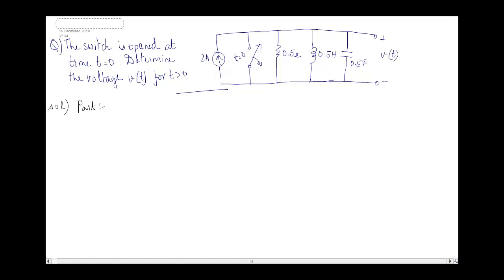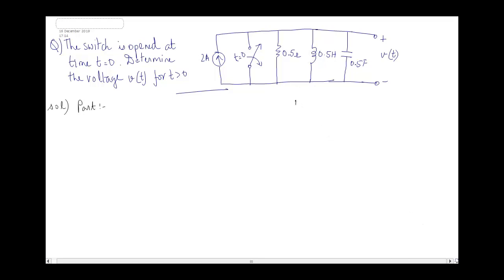So before that the switch was closed. When the switch was closed, since this is short, all the current will pass through this branch, and a fairly long amount of time has been taken here, so we will have to apply the conditions here.